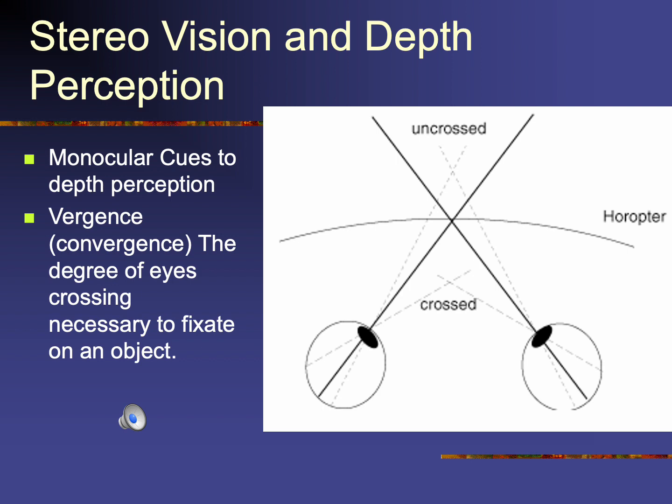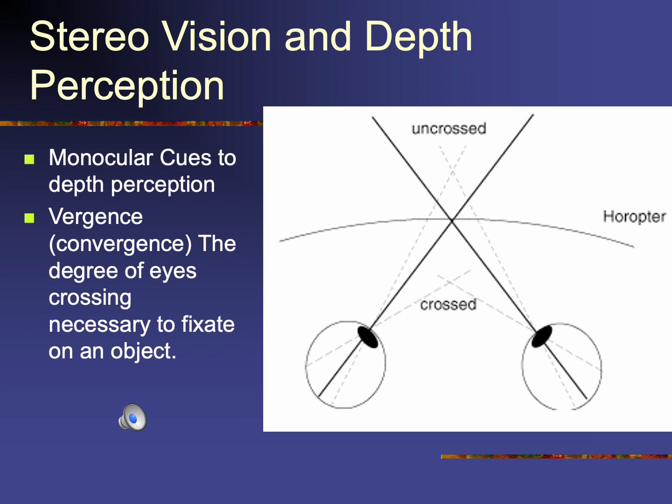The basis for stereoscopic vision, contributing to depth perception, has to do with how your two eyes produce a slightly different retinal image and the integration of this slightly different retinal image by your brain. Well, if you move your eyes about, you're going to have clues to depth perception by how your eyes have to move and also how your lens has to focus to cope with the depth, how far away an object is. And here you see the representation of that in graphic form. You see where your eyes can move, they have convergence.